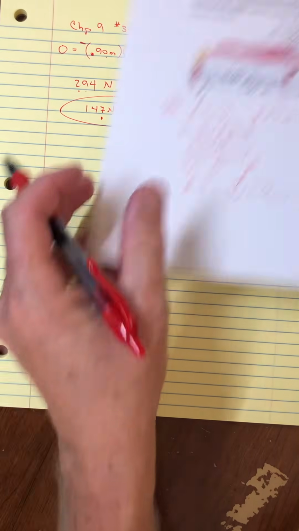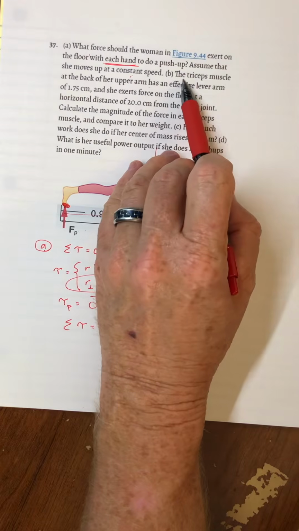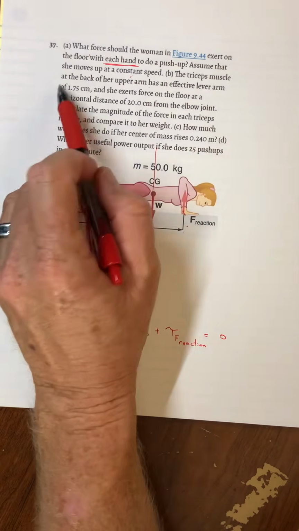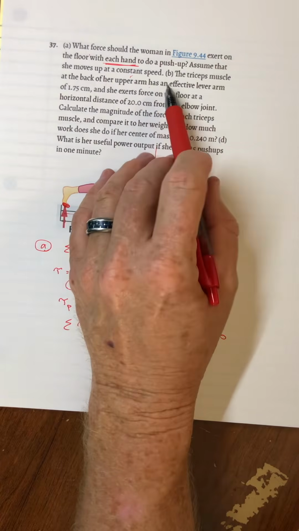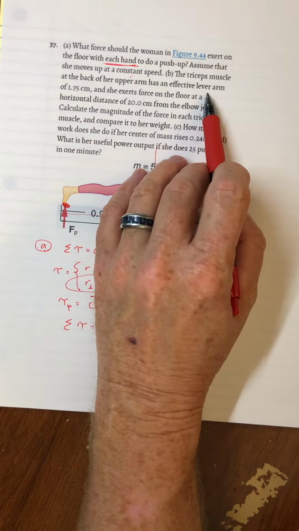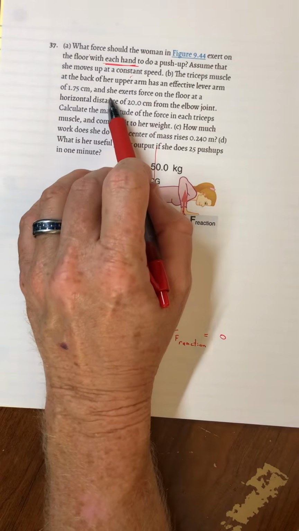continuing on here with this problem, it says the tricep muscle at the back of her upper arms has an effective lever arm of 1.75 centimeters.